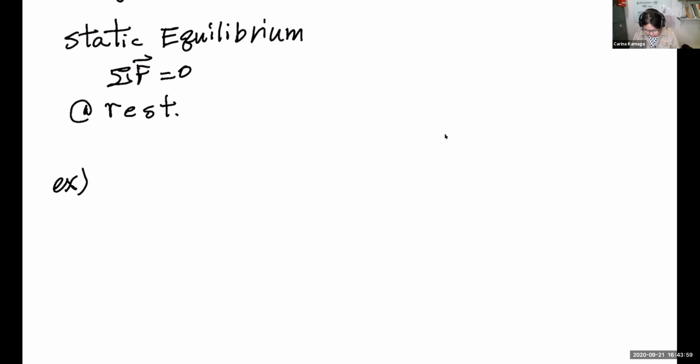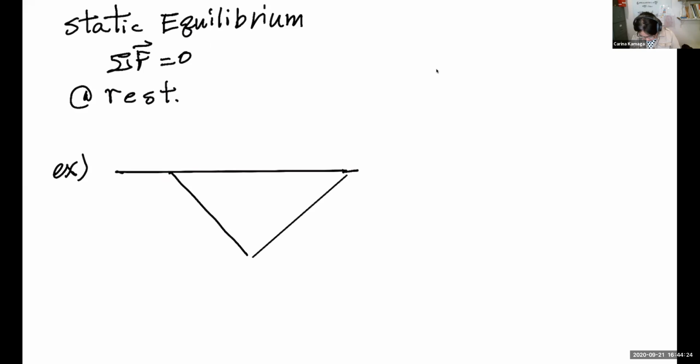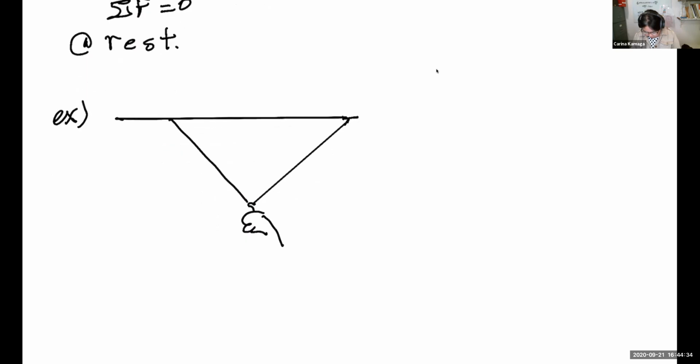This is the ceiling. And Nellie Nelson, she's hung by the two ropes. She's hung by two ropes, like this.